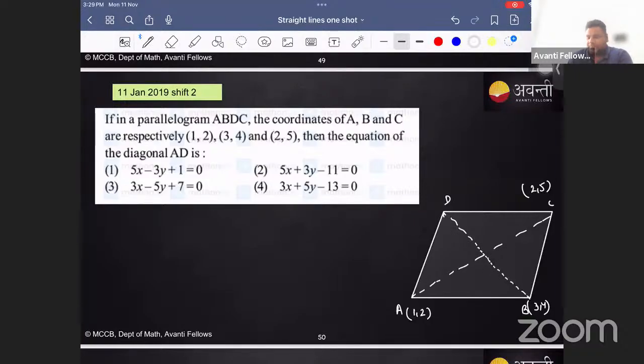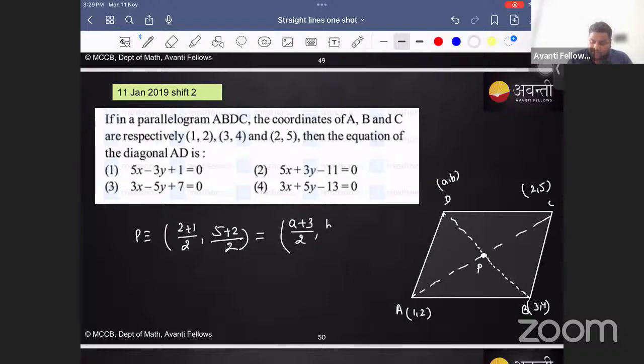In a parallelogram, diagonals bisect each other. So if this point is (a, b), see what is the midpoint? According to AC, this midpoint P is going to be (2 plus 1)/2, (5 plus 2)/2. And this is equal to, if I take the midpoint according to BD, (a plus 3)/2 and (b plus 4)/2.